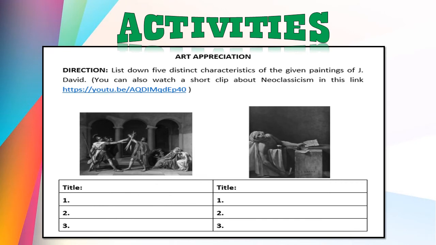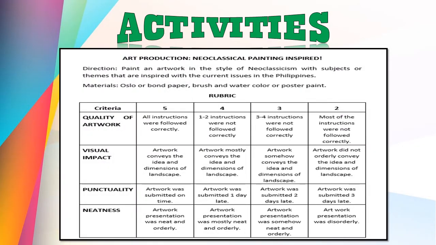The activities that you're going to do in this module: art appreciation. List down 5 distinct characteristics of the given paintings of Jacques Louis David. You can also watch a short clip about neoclassicism in this link. You are advised to write down the title of the painting and give the characteristics. Art production, neoclassical painting inspired.